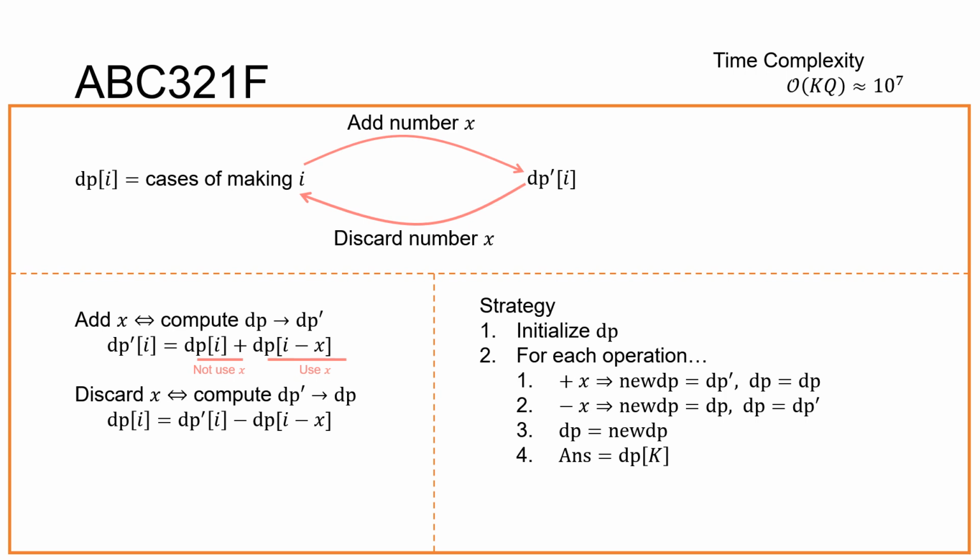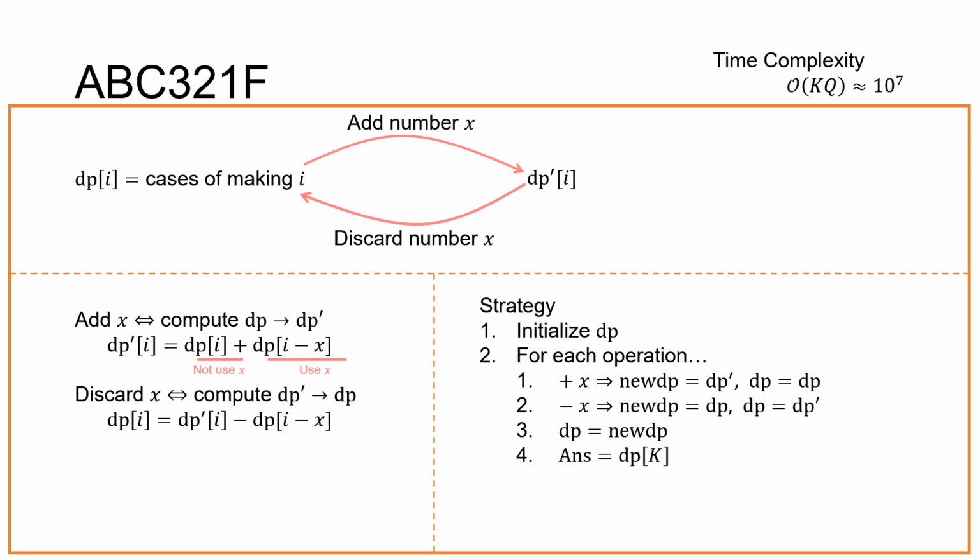Adding a number and discarding it are inverse operations, and to add x means to compute dp prime from dp, and it can be paraphrased as solving transition equations for dp prime.